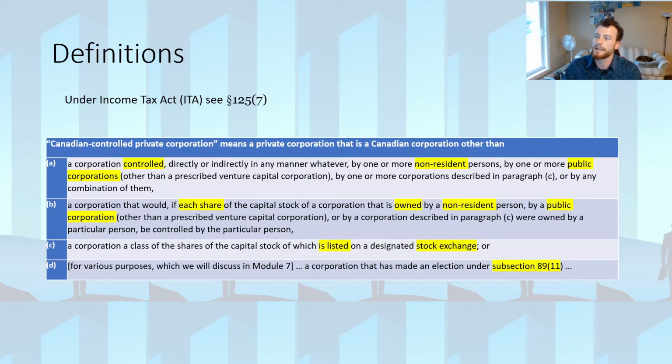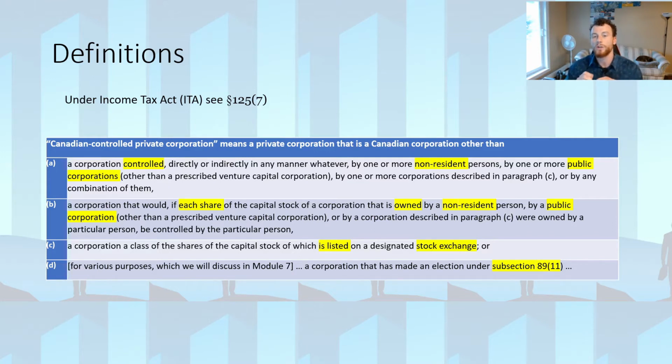So under the Income Tax Act section 125 part 7, you will find this 4-part description. The first part A, it is a corporation that is not controlled by a non-resident or a public company.